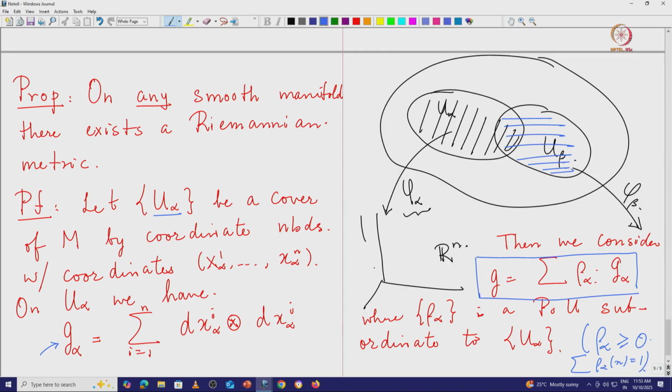So you're never going to get that this is actually 0, so you're also going to be able to prove positive definiteness just from the properties of partitions of unity. So I'll leave this as a nice exercise for you to check.